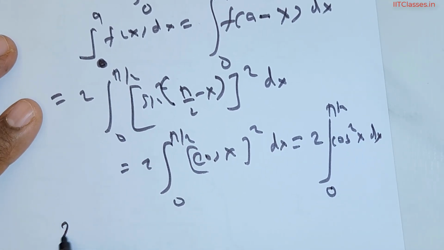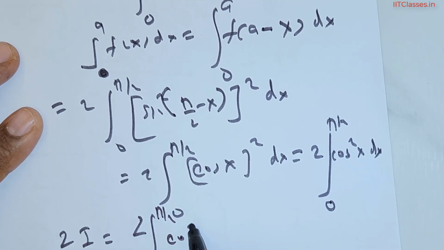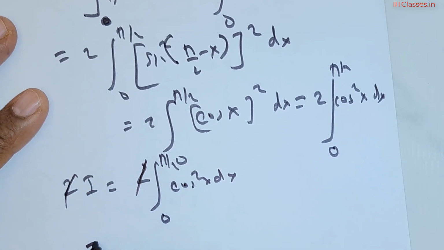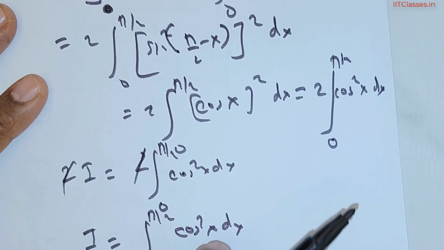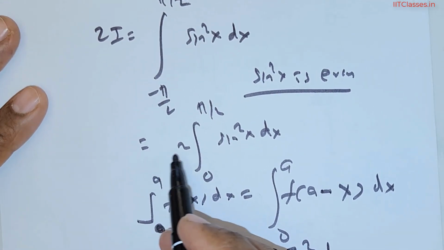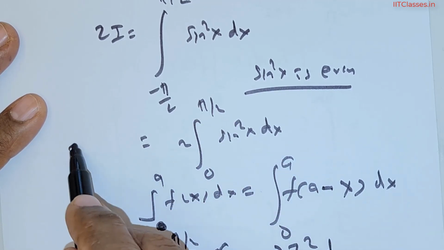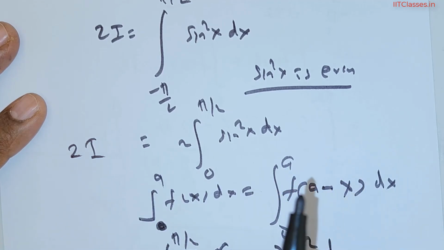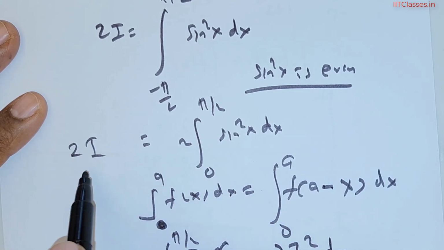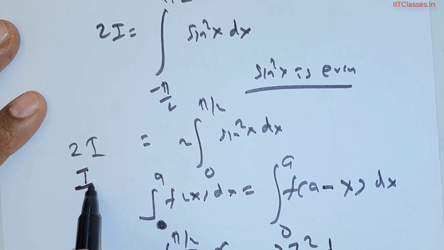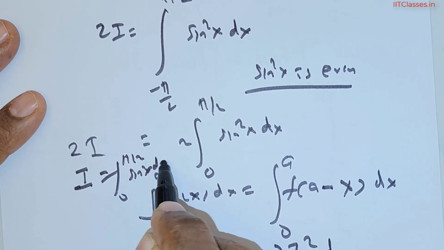So on the left you have 2 times I is equal to 2 times integral 0 to pi over 2 of cos squared x dx. So 2 gets cancelled, and you have I is equal to integral 0 to pi over 2 of cos squared x dx. Again, over here I have 2 times integral 0 to pi over 2 of sine squared x dx, and on the left is 2 times I. So clearly we can get rid of the 2 and have I is equal to integral 0 to pi over 2 of sine squared x dx.